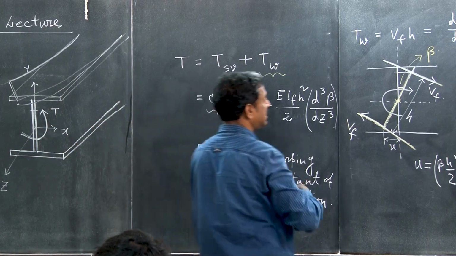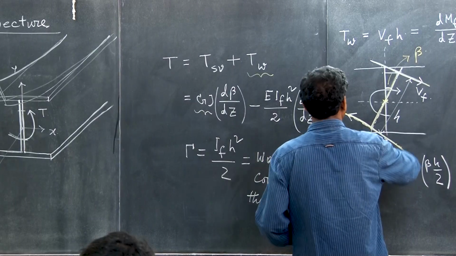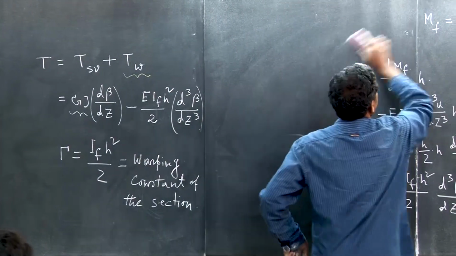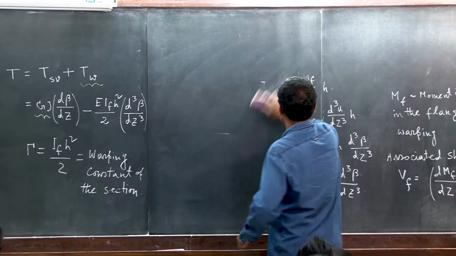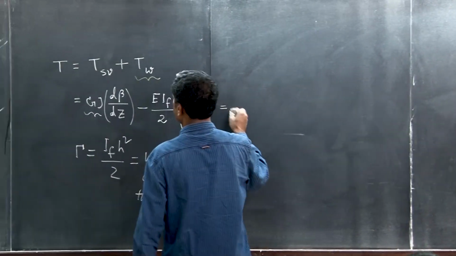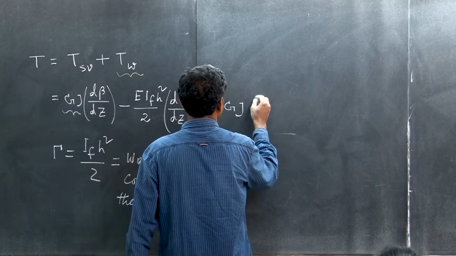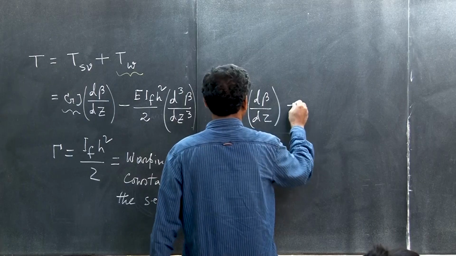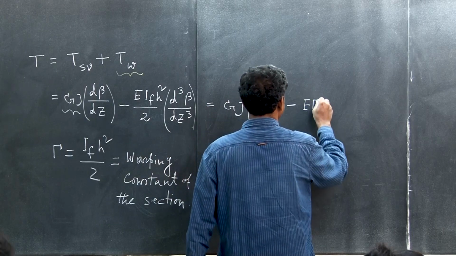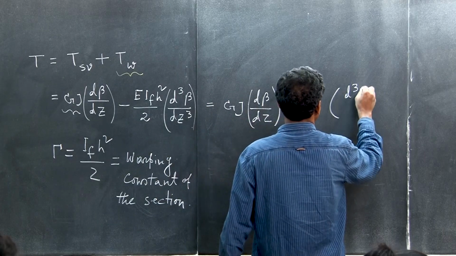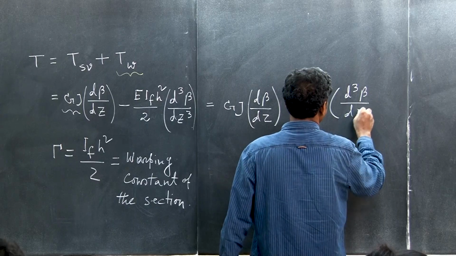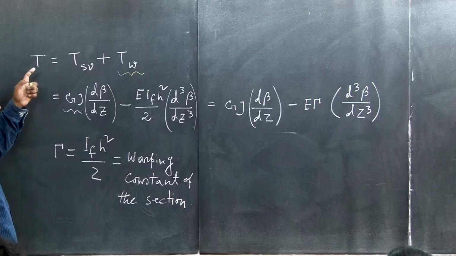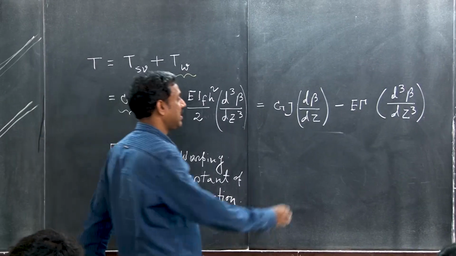So I will simplify it further, and the way I am going to do it is I am removing all these things now, and writing G J dβ/dz minus capital E lambda d³β/dz³. So in total the torque is resisted by Saint Venant torsion and warping.